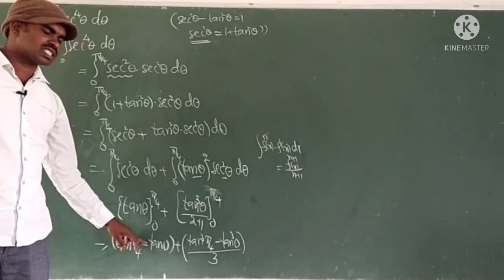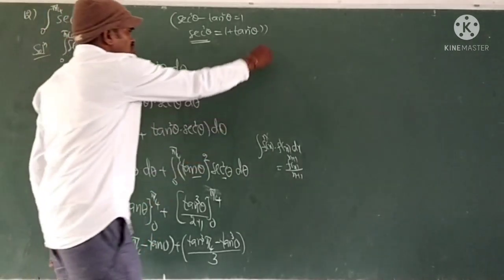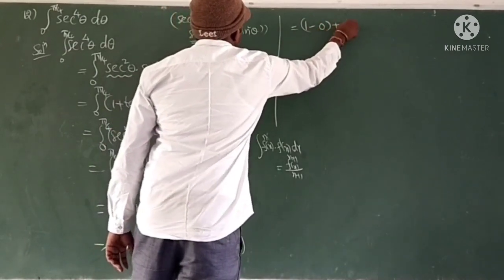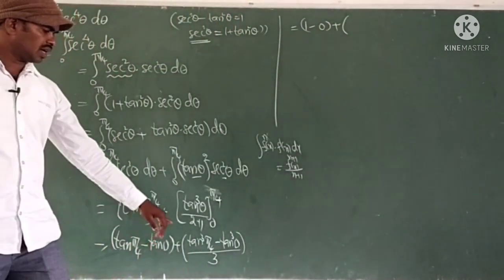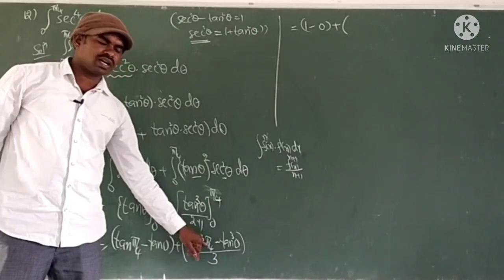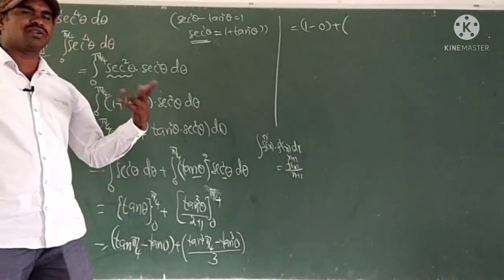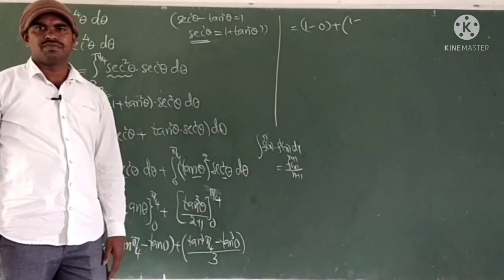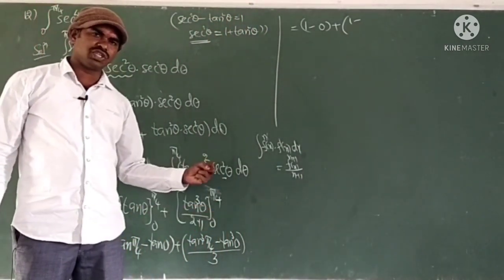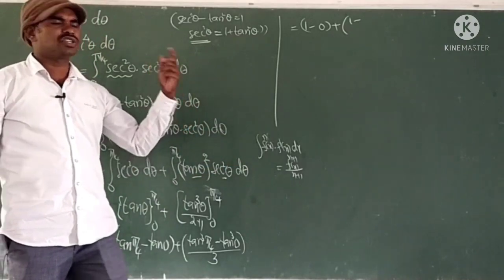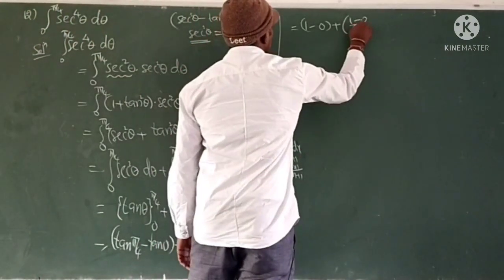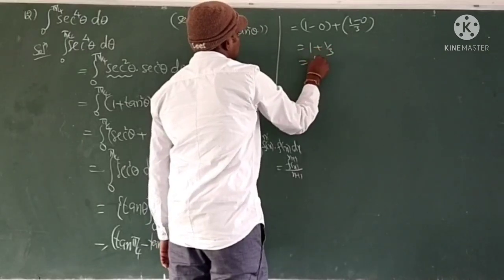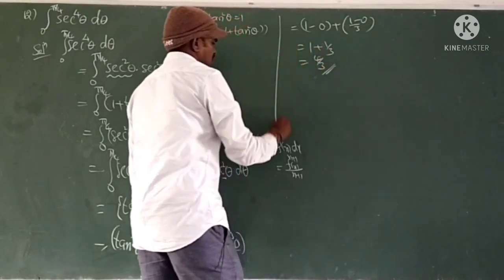Then minus tan 0, which is 0, so 1 minus 0, plus, again tan pi by 4 is 1 and 1 cube is 1, minus tan cube 0. Tan 0 is 0, and 0 cube is 0, so 0 by 3. So here we are getting 1 plus 1 by 3, which is 3 plus 1, 4 by 3. That is the answer.